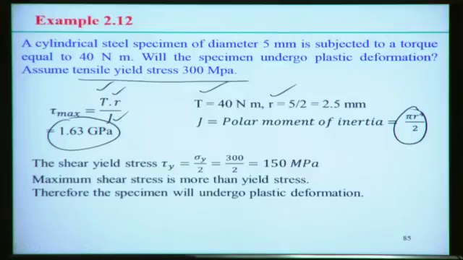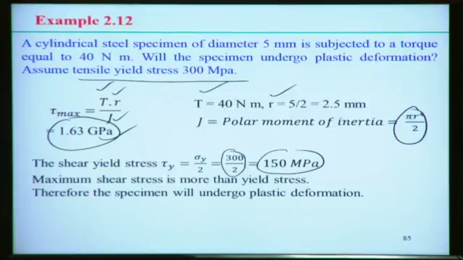But the shear yield stress can also be found, with the factor 2 here, so the shear yield stress will be half of the tensile yield stress. So the tensile yield stress is given, and from there we can find the shear yield stress value. Now we can compare it with the maximum shear stress. So the maximum shear stress of 1.63 gigapascal is much more than 150 megapascal.